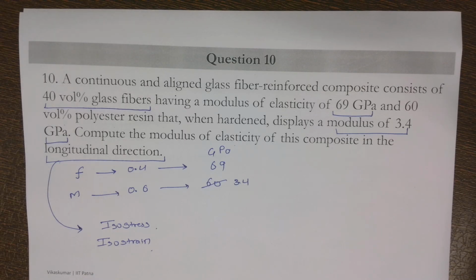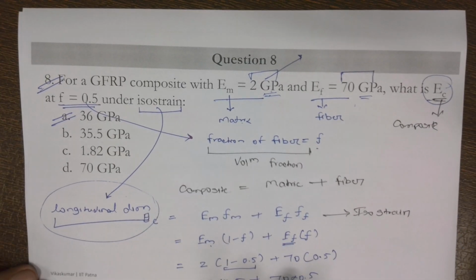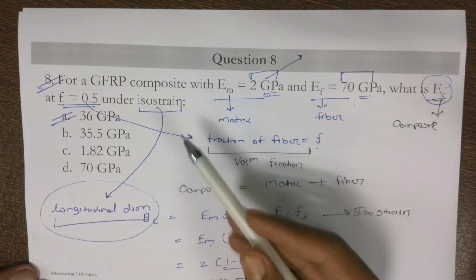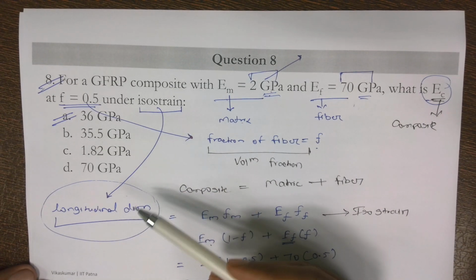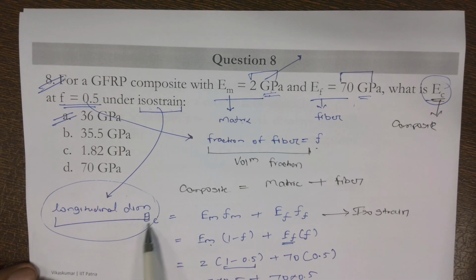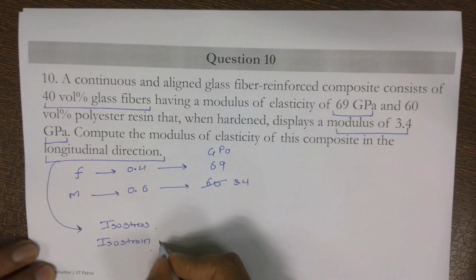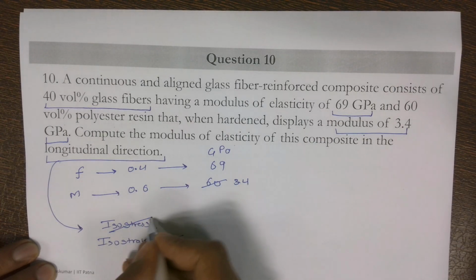Isostrain, right? Very good. Once you solve a lot of questions, then only will we get to know that these are the nomenclature they can use to confuse us. Instead of directly writing isostrain, they will use words like longitudinal direction. We have to understand that this is the isostrain condition, not the isostress condition.